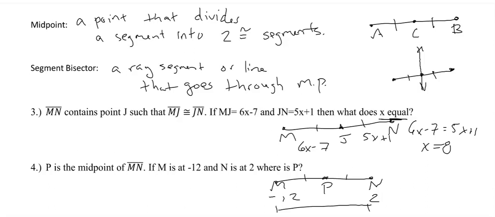That total length is going to be 14. So what is half of that? 7. So where is this? It's going to be 7 away from that or 7 away from there. If we started at 2 and went backwards by 7, where would we end up? Negative 5.